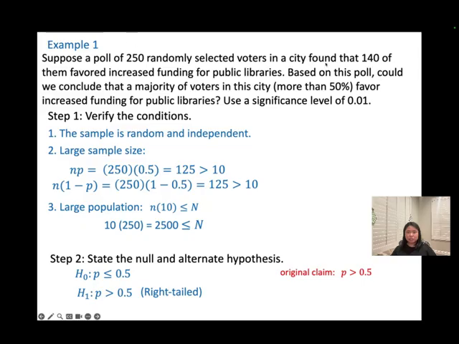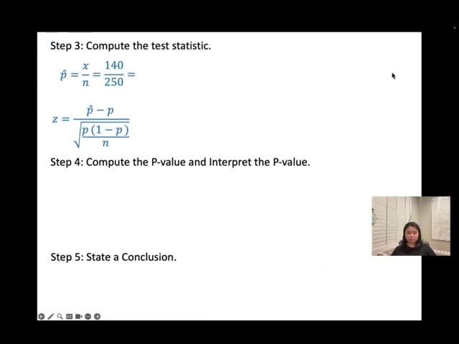And it says the city found that 140 of them favor increased funding for public libraries. So 140 will be the number of successes. Divided, you're going to get 0.56.